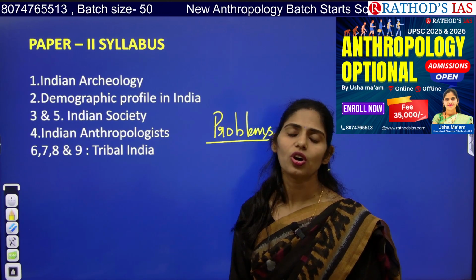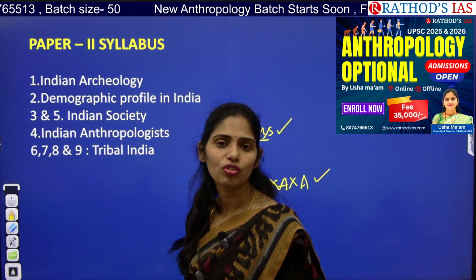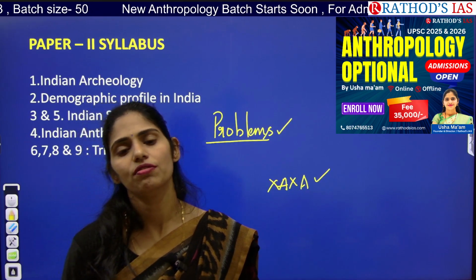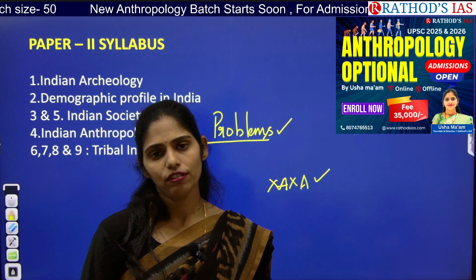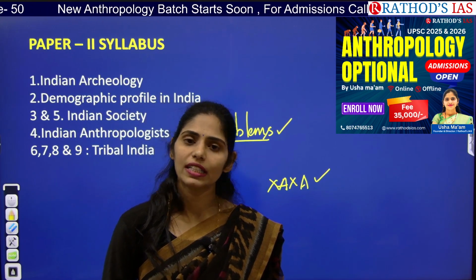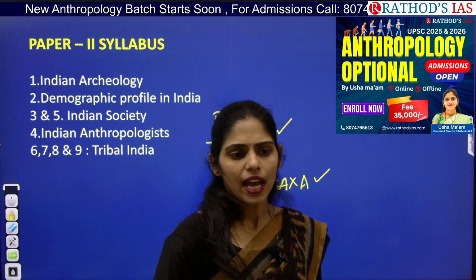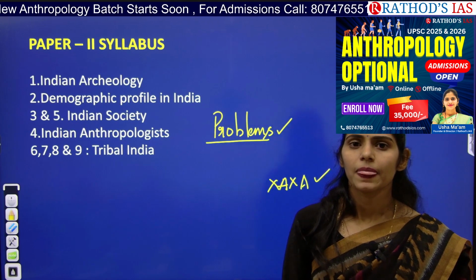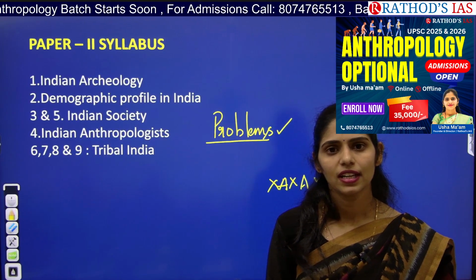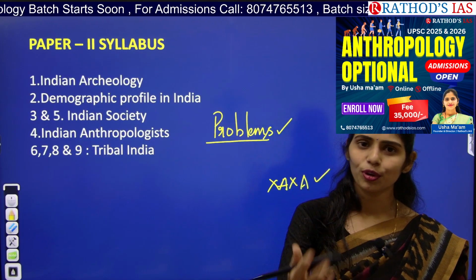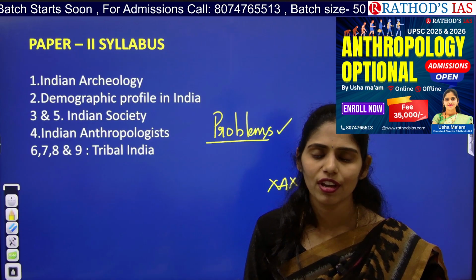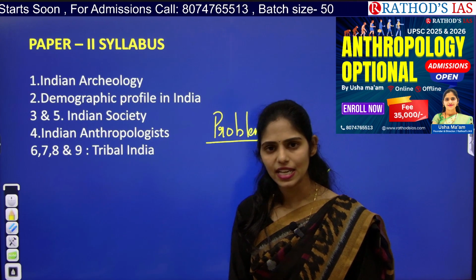And the course cost is very affordable, that is 30,000 for online and 35,000 for offline. Offline 35,000 and online 30,000 rupees. And one more thing, for sure, I'll be there to provide one-to-one mentorship also. If you have any doubts, there will be doubt clearing sessions as well.